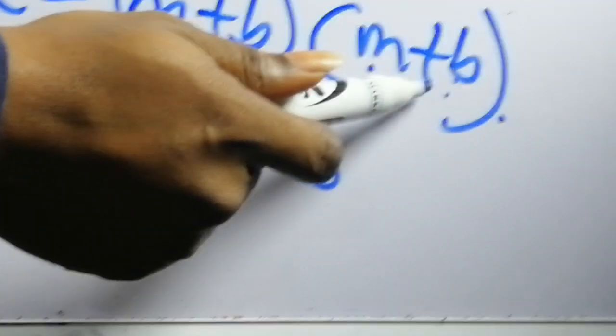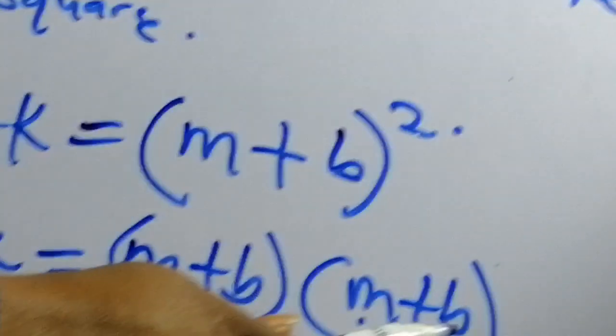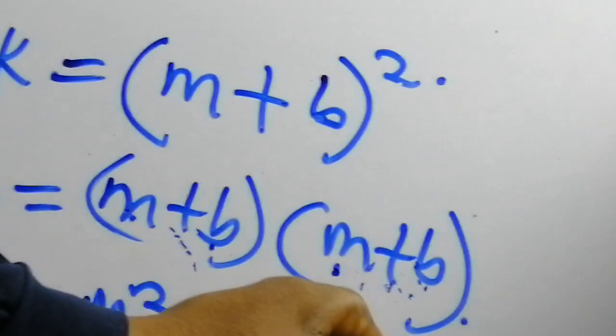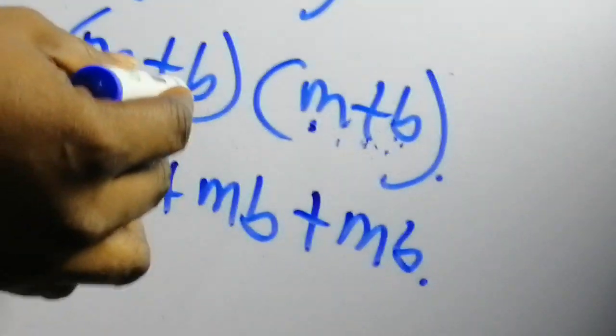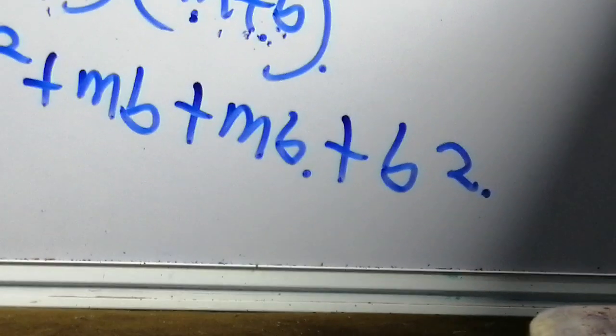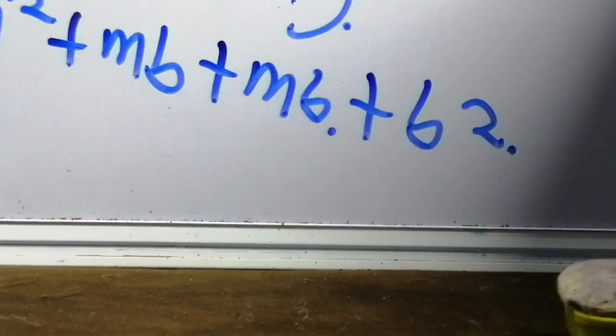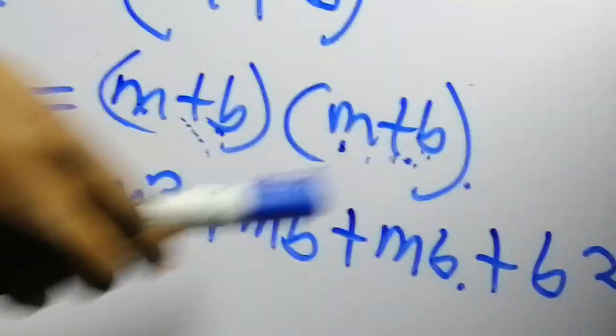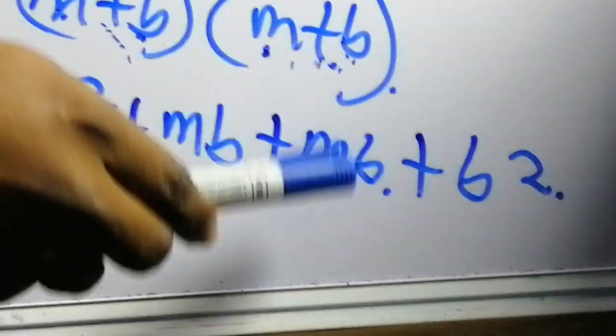Don't forget, I've told you, anything on the right hand side is the owner of this sign. The owner of this plus is b. So that's why I'm having m times b. The same thing, b times m will give us mb. b times b will give us b square. Very simple. That's difference of 2 square.